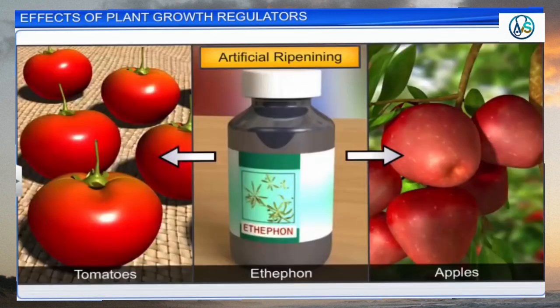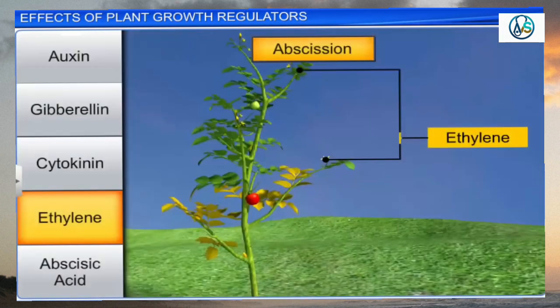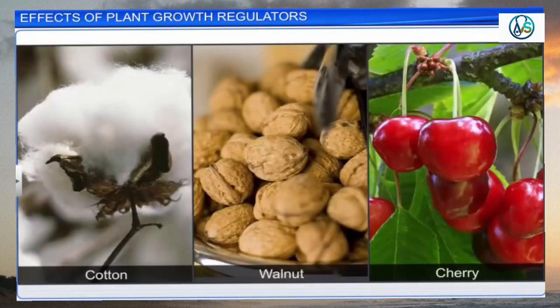This property is used in the artificial ripening of tomatoes and apples. It promotes the abscission of leaves and flowers, and thus favors thinning of cotton, walnut, and cherry.